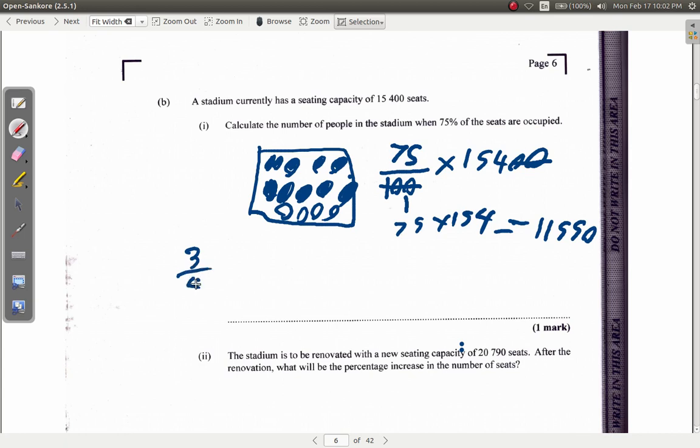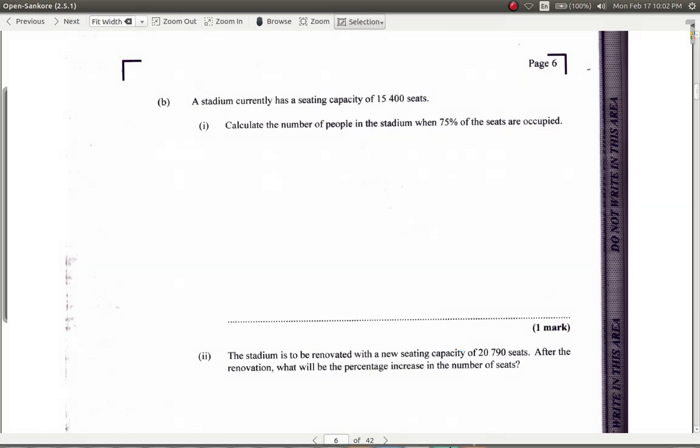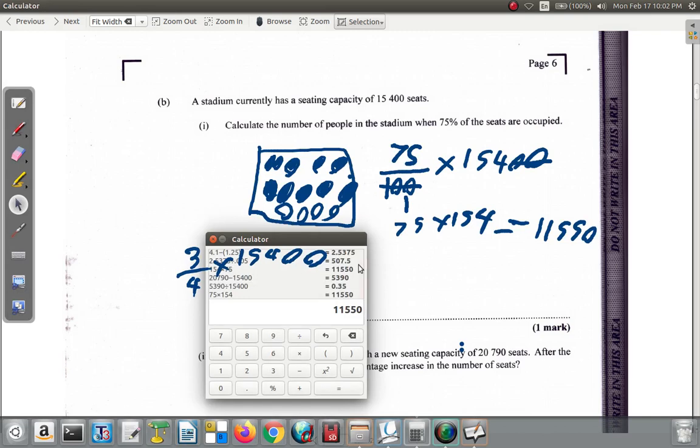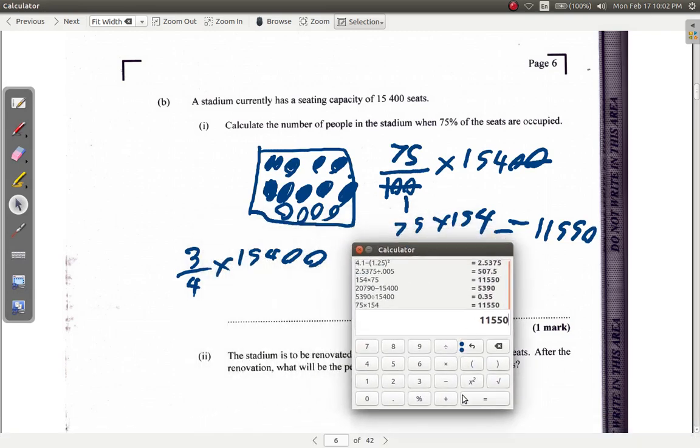So you could say 3/4 of 15,400, and that's 11,550.